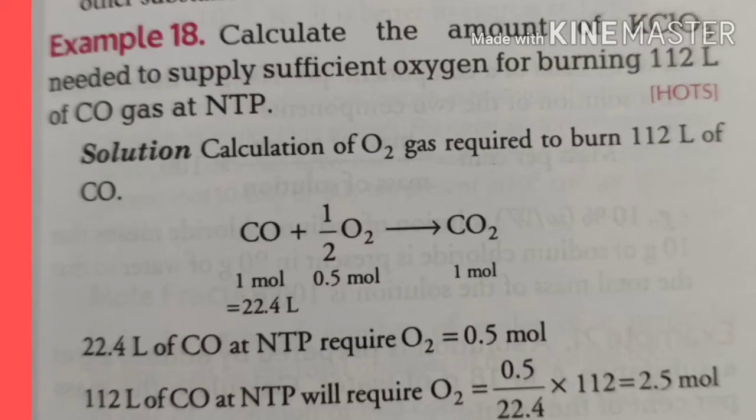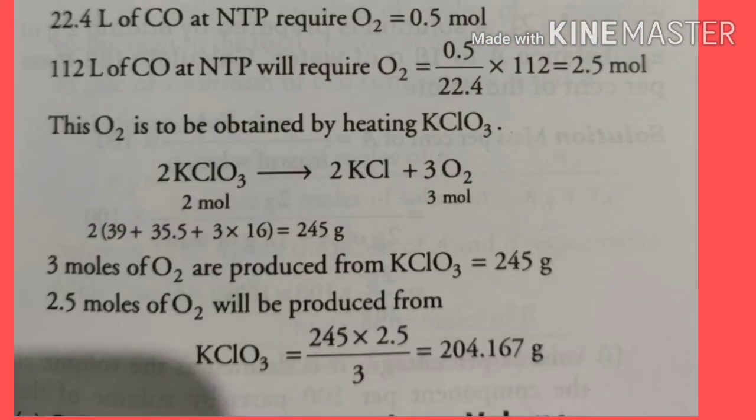So 3 moles of oxygen are produced from 245 gram of potassium chlorate. 2.5 moles of oxygen will be produced from potassium chlorate equal to 245 into 2.5 upon 3, that is 204.167 gram. So we have calculated the mass of potassium chlorate needed for the consumption of 112 liter of carbon monoxide at NTP.